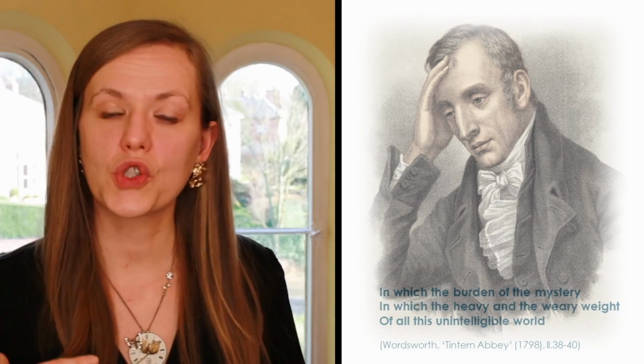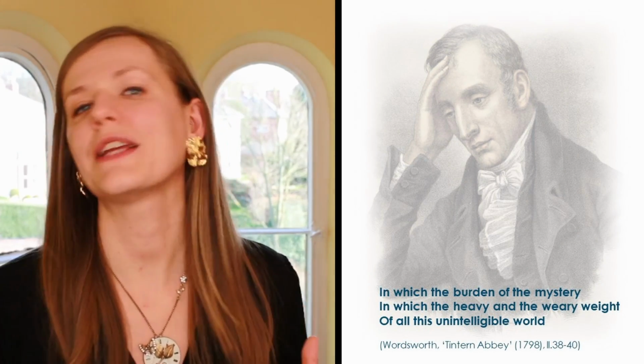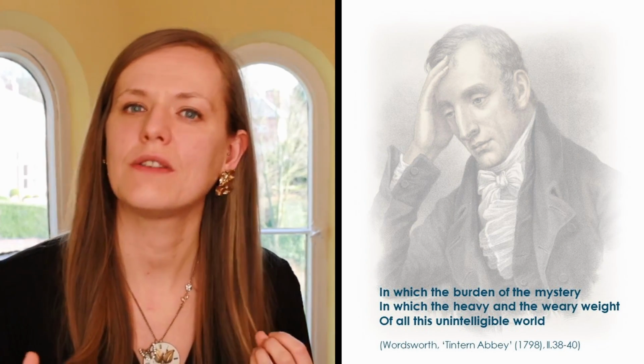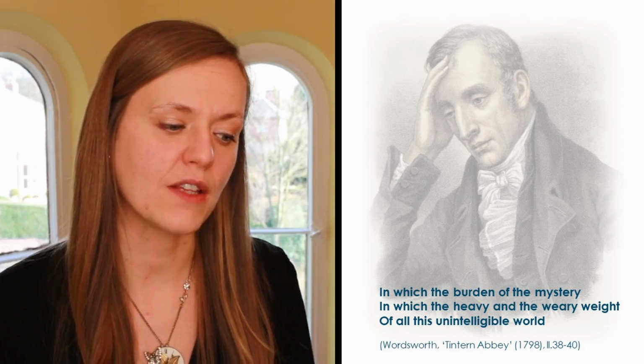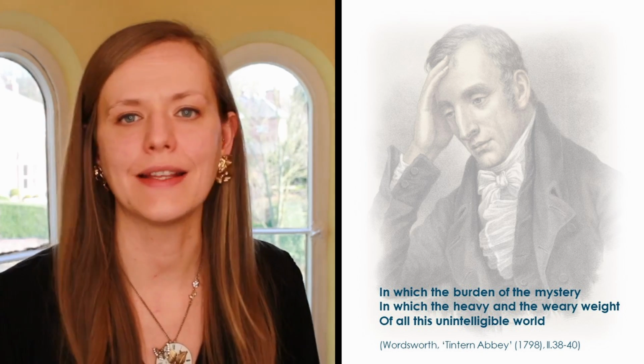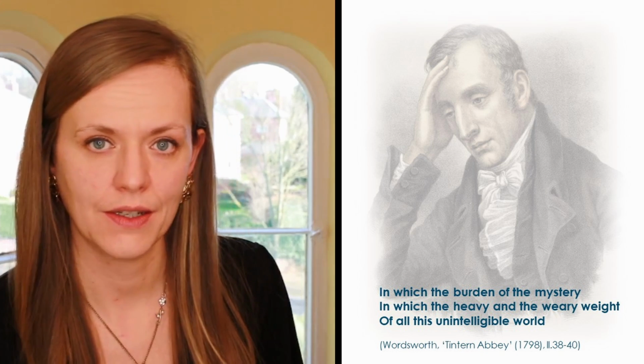So in the words of William Wordsworth, and this is my epigrammatic counterexample, William Wordsworth, of course, is another great Romantic poet. In Lines Written Above Tintern Abbey, from the Lyrical Ballads of 1798, he says that he wants to contemplate and write about the burden of the mystery, the heavy and the weary weight of all this unintelligible world.